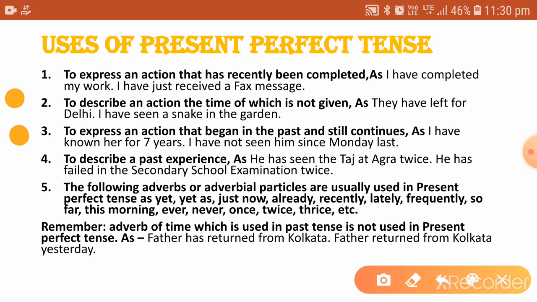Third, to express an action that began in the past and still continues. I have known her for 7 years. It means 7 years before I came to know about her and till now I know her.